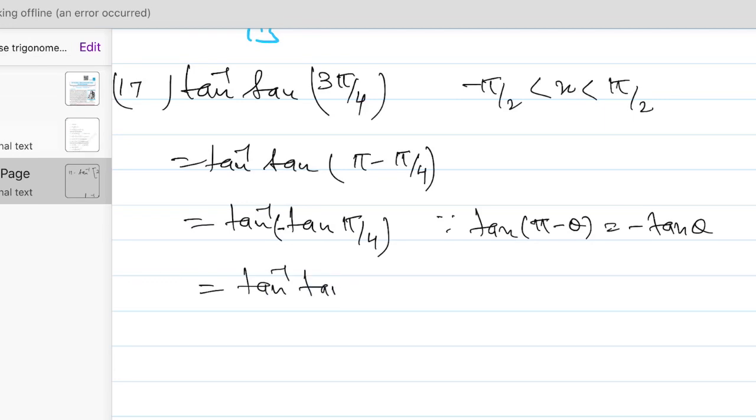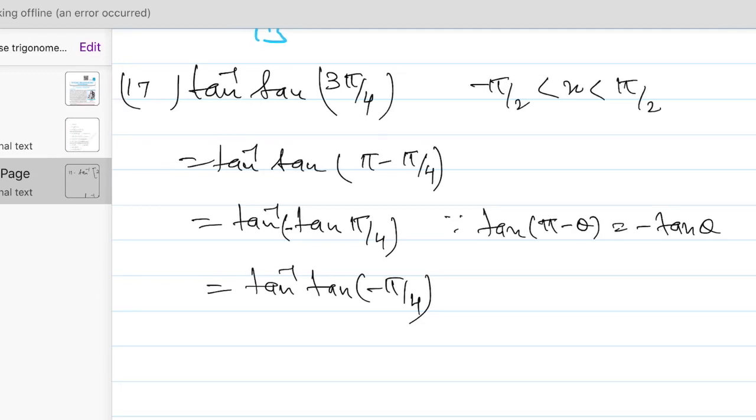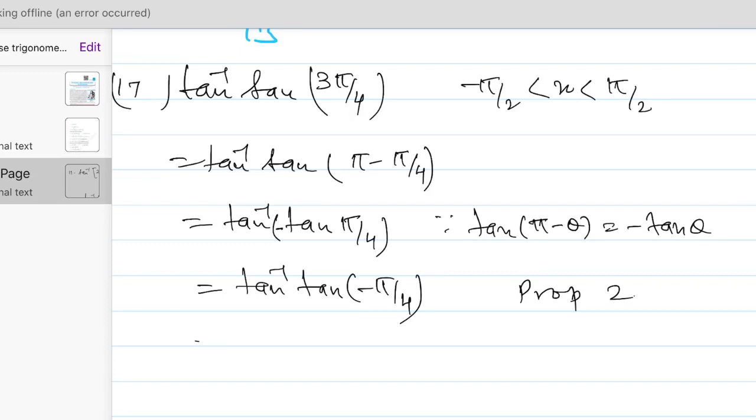Tan inverse tan of minus pi by 4, property number 2. So this is minus pi by 4.